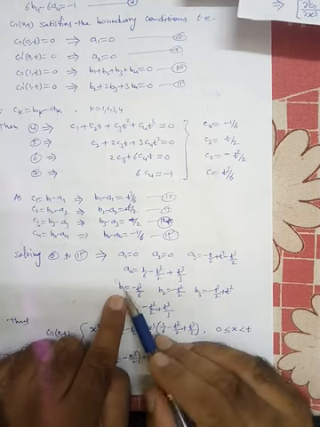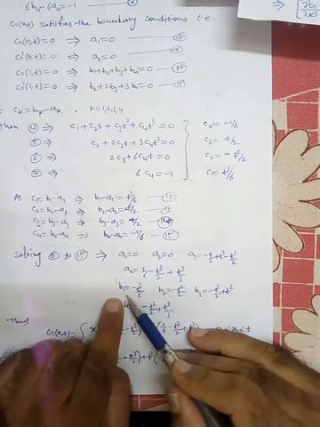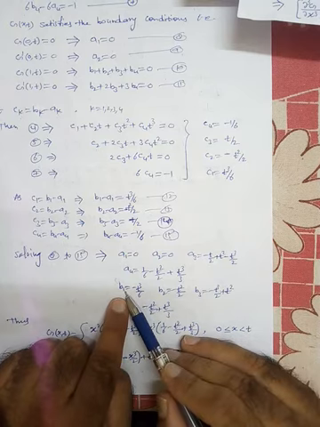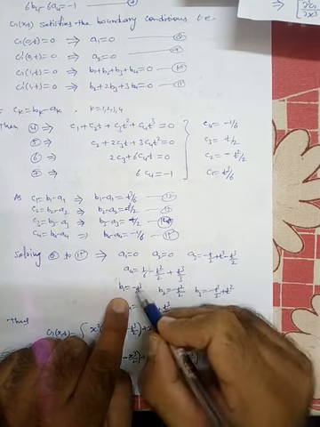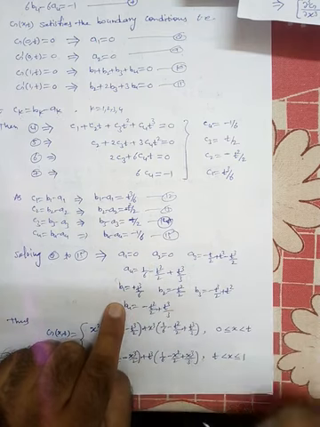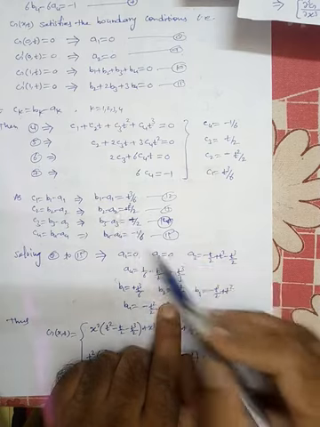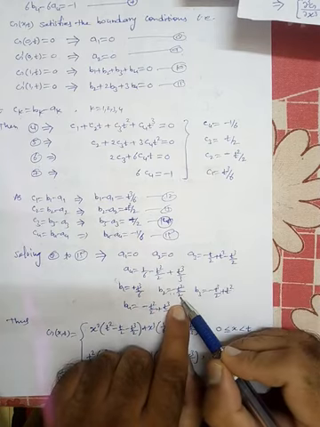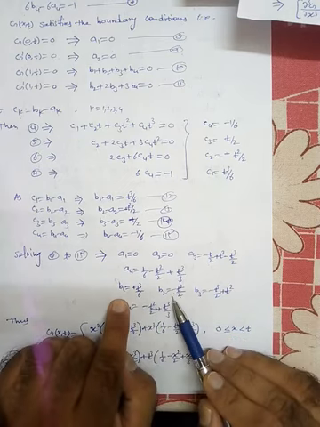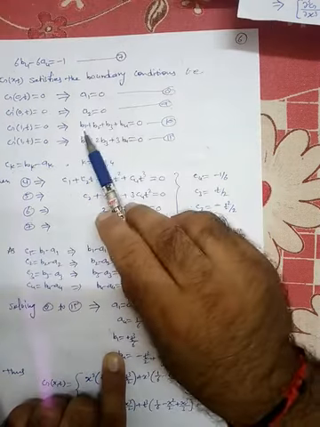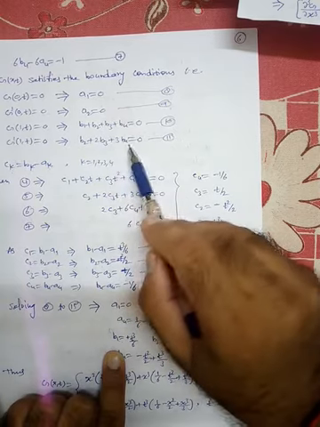B1 is equal to, here put a1 as 0, so this will be positive. Then put it here, a2 is equal to 0, so we get minus t square by 2. When you have b1 and b2, put them here, so we get b3 plus b4 is equal to 0, and then b3 and b4 equal to 0.